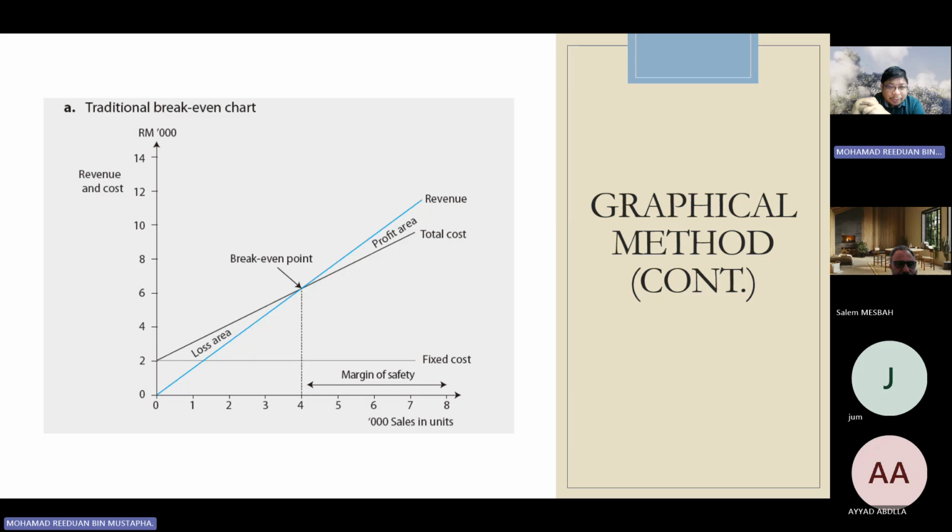In terms of units, 4,000. So that's the answer after you plot all this graph, starting from the fixed cost to thousands. If you follow the instructions, you can get this answer.